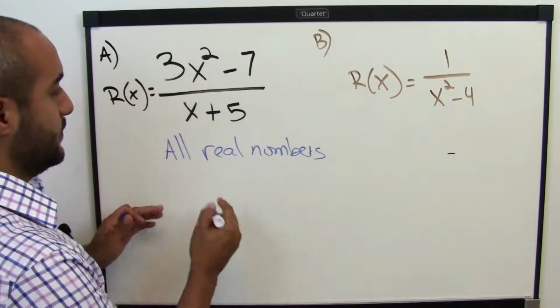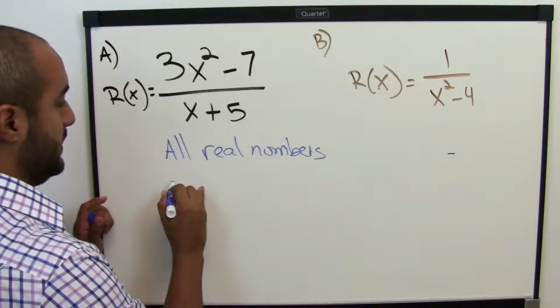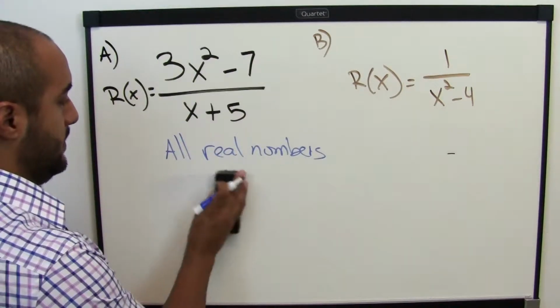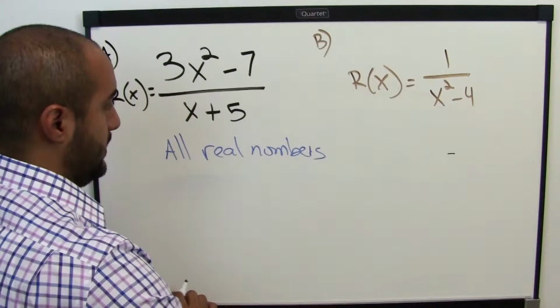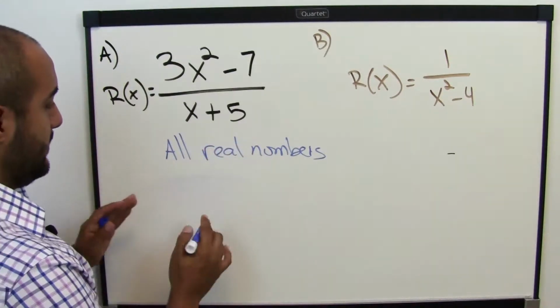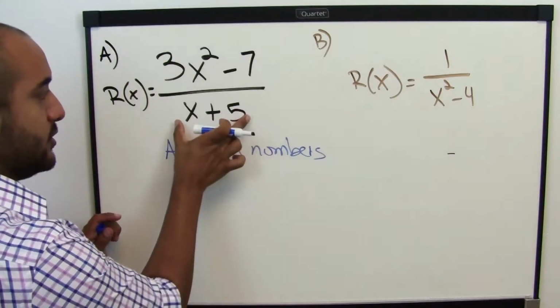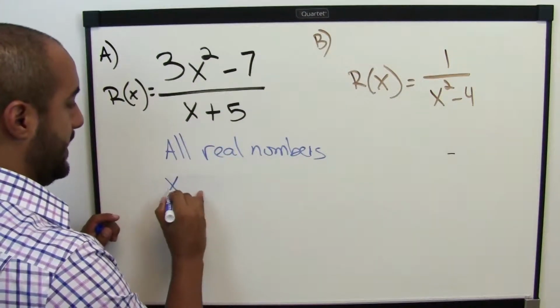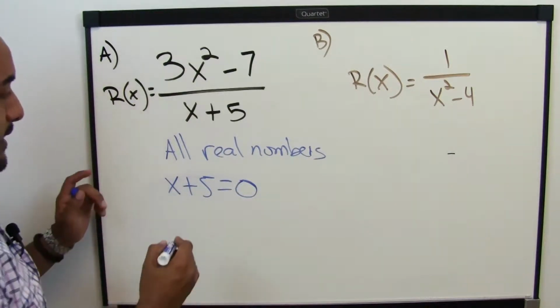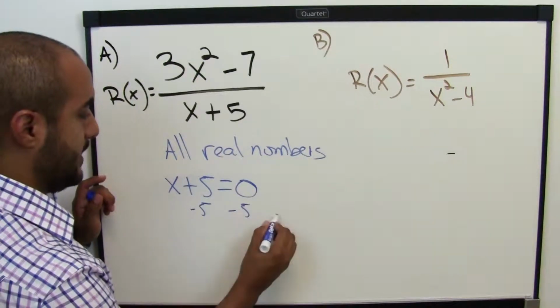So let's check this one. Let's check our denominator where it is equal to 0. So just grabbing your denominator, I'm going to write x plus 5. Let's see where it's equal to 0. And this one is not too shabby at all.